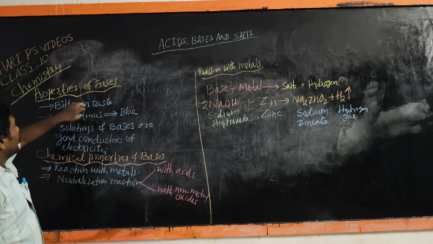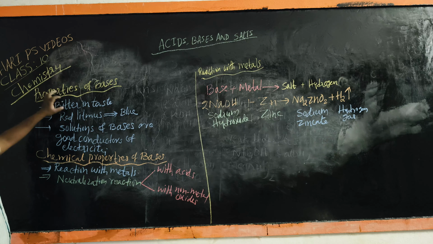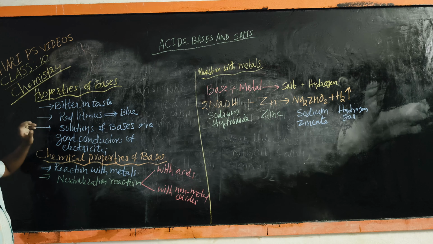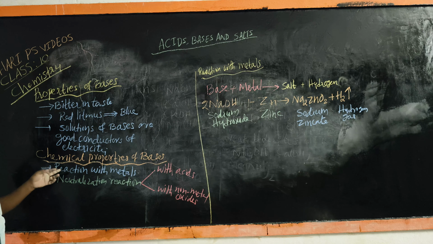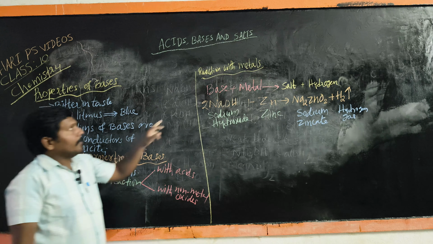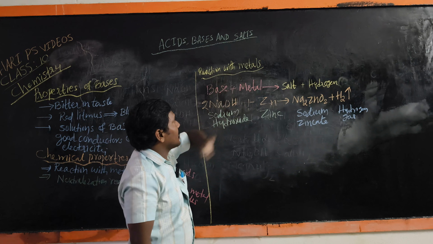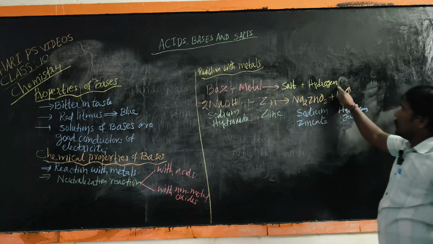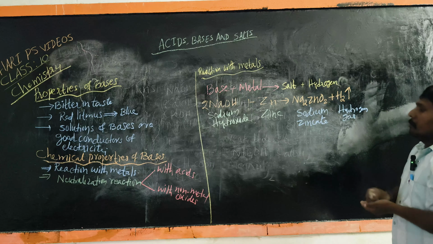So, bitter in taste, red litmus changes into blue litmus, and solutions of bases are good conductors of electricity. Coming to the chemical reaction with metals, when metals react with a base, they form their respective salt and release hydrogen gas.